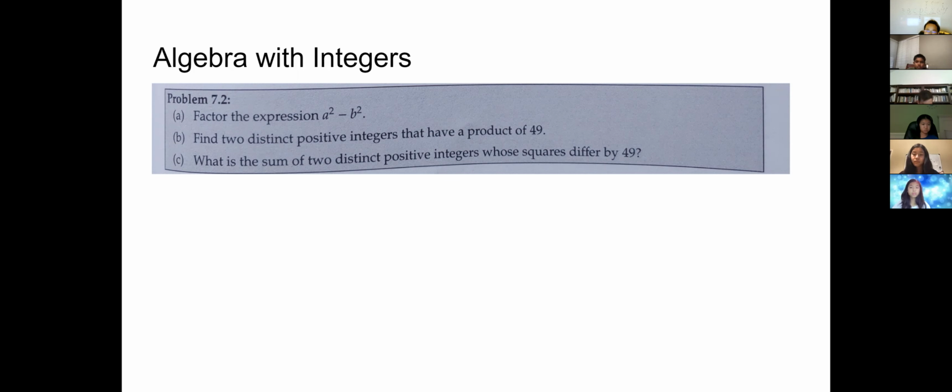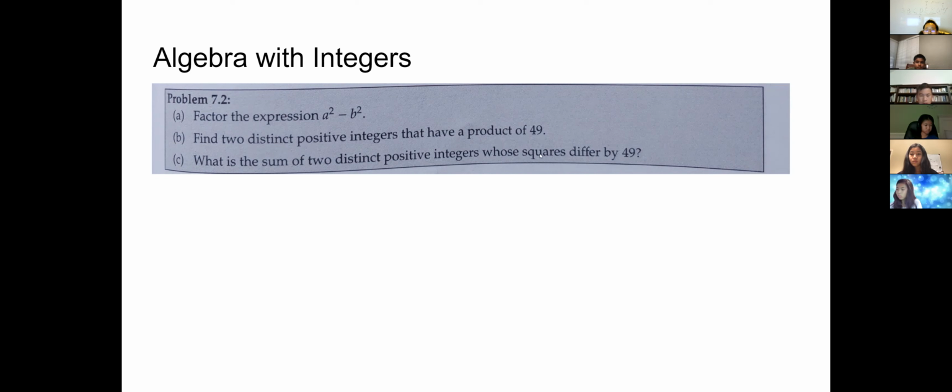Yes. And that's the only answer, right? Because we know you need to have some square minus another square equals 49. And it happens to be 1 and 49.